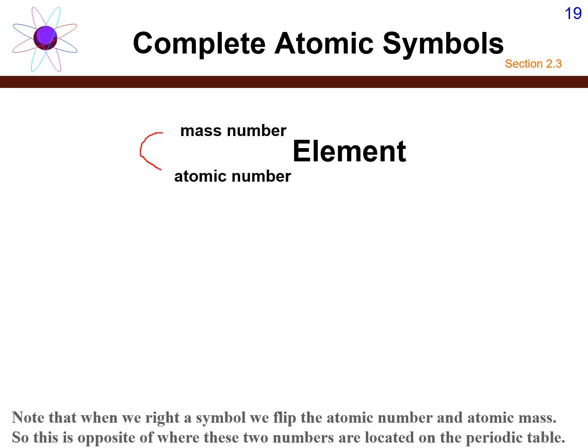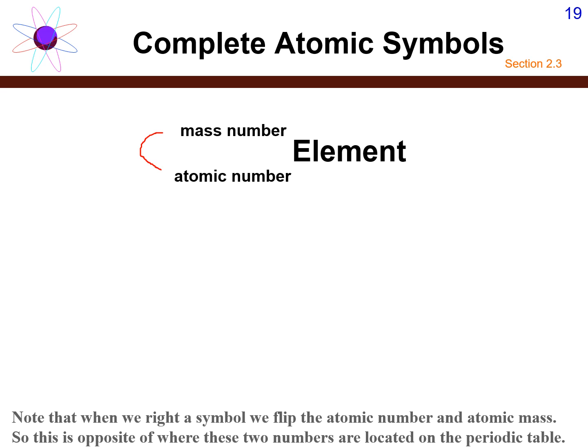Okay, so unfortunately, by convention, whenever we write an element on a piece of paper, whoever started doing this decided that we should actually flip the mass number and the atomic number. So on the periodic table, what you'll see is the atomic number up top and the mass number below.